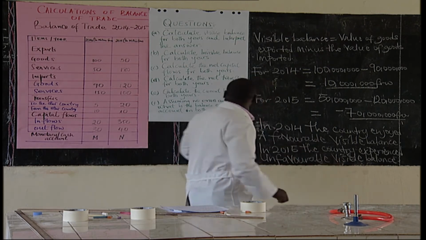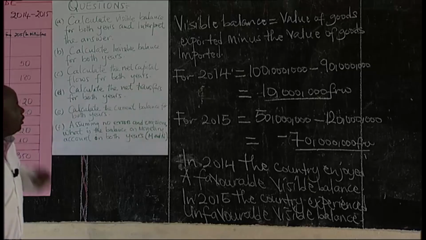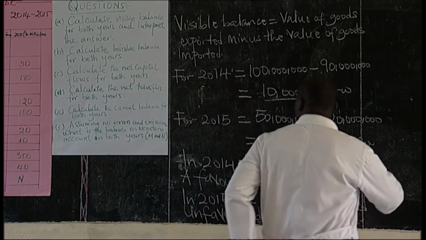That is the interpretation. Now, on part B, calculate the invisible balance for both years. How do we get the invisible balance for both years?